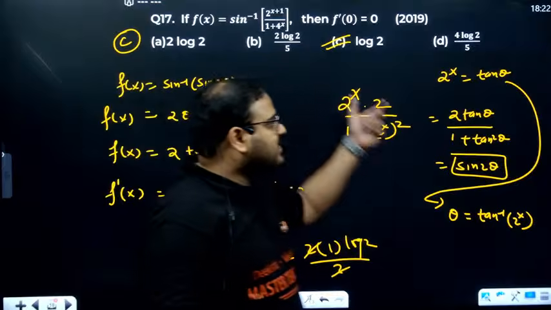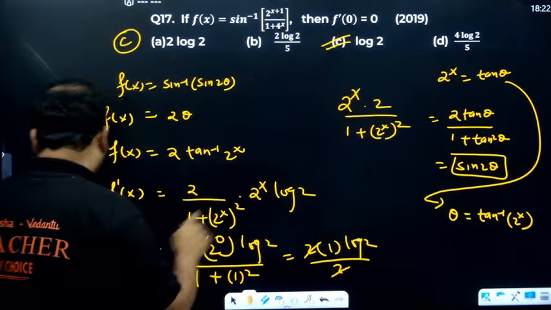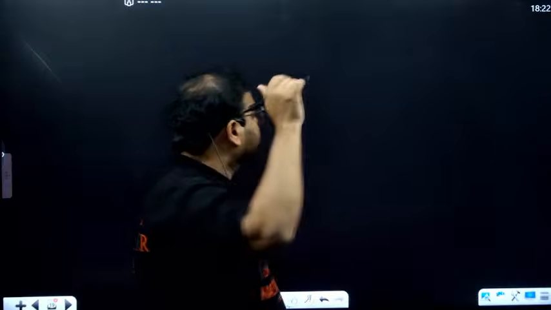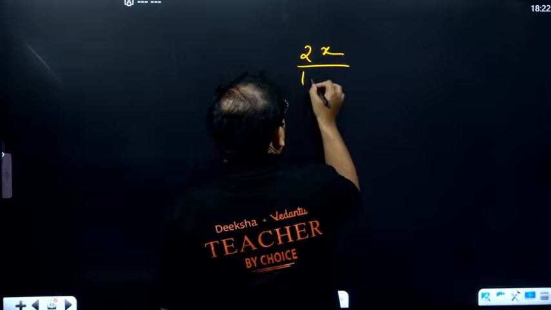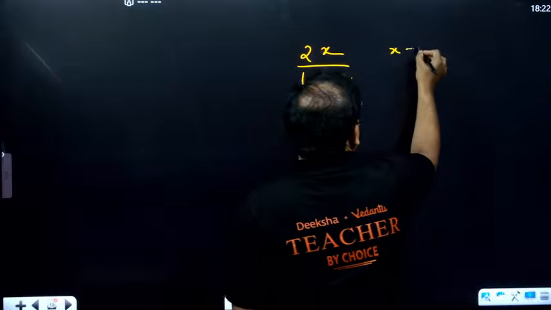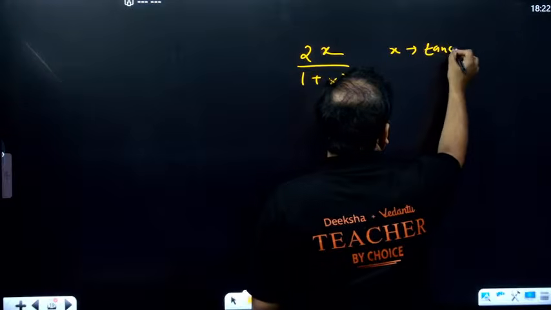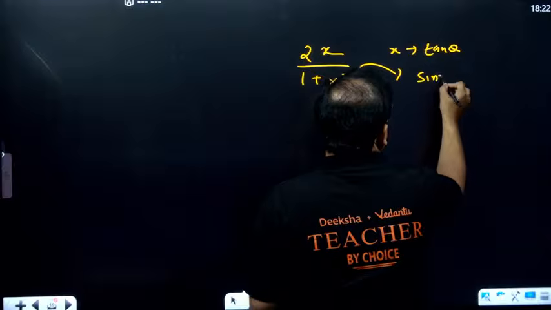So in questions like this, you have to remember the form. There are three important forms, by the way. Remember this. One of the forms is 2x upon 1 plus x square. Take x as tan theta. This value becomes sine 2 theta.